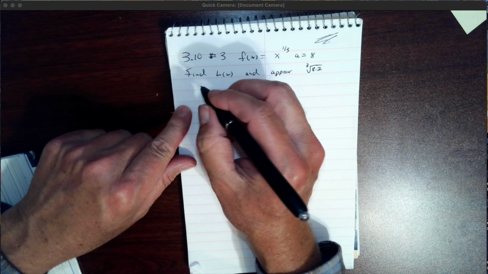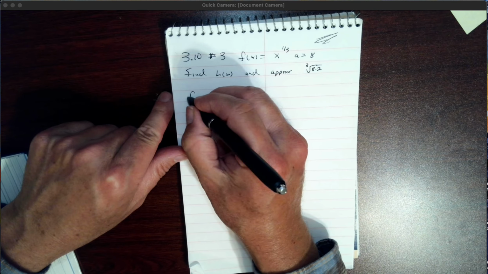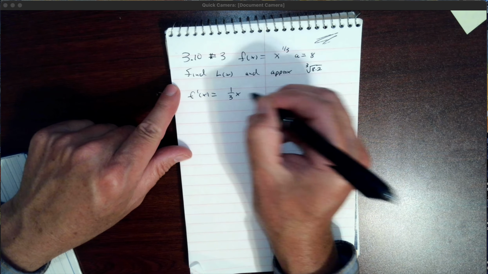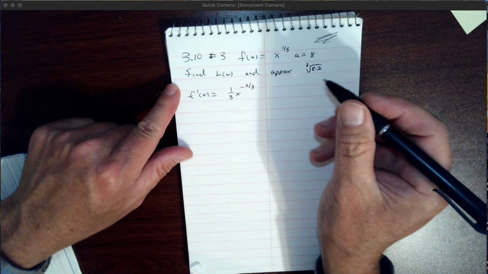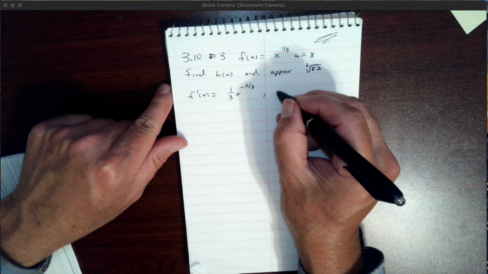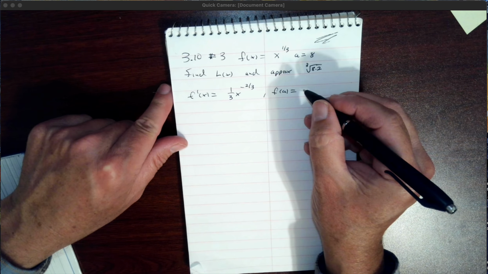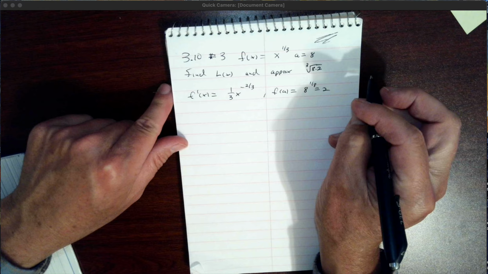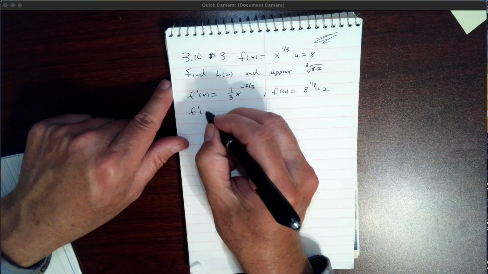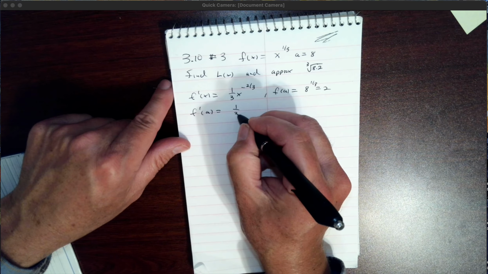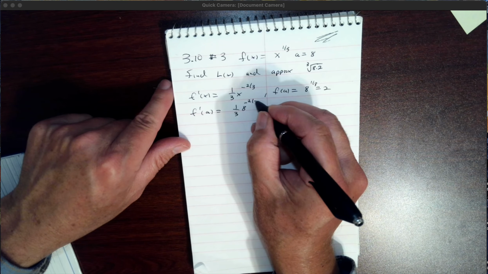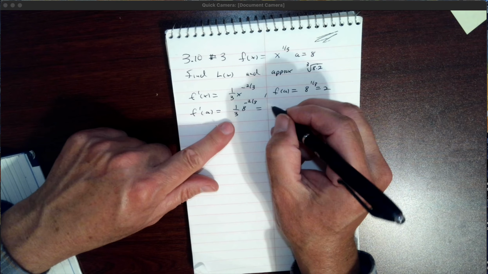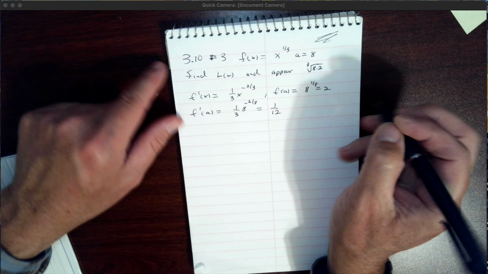All right, so f prime of x, we need the derivative for sure, 1/3 x to the negative 2/3. All right, so we need f of a. F of a would be 8 to the 1/3 power, which is 2. And we need f prime of a, which is 1/3 times 8 to the negative 2/3 power, which is 1/12.